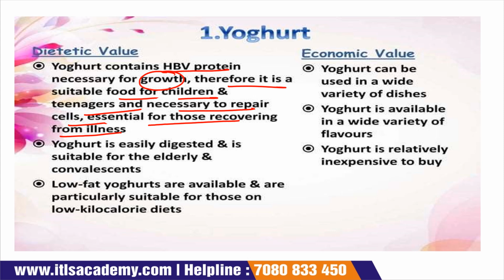That's why it should be given to children and teenagers, and it is also essential for the repair of cells and recovery from illness. Yogurt is easily digested and suitable for the elderly and convalescents. Low-fat yogurts are also available in the market and are particularly suitable for those on a low kilocalorie diet. Economic value: yogurt can be used in a wide variety of dishes.